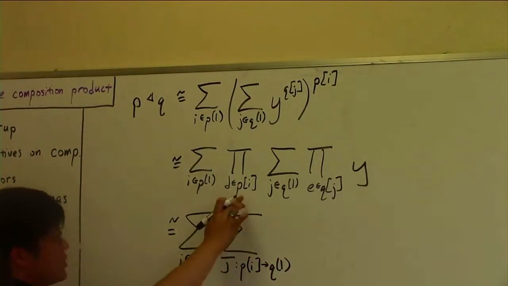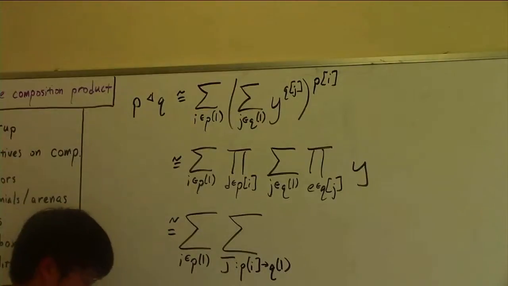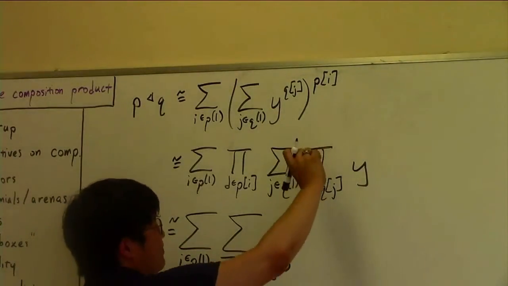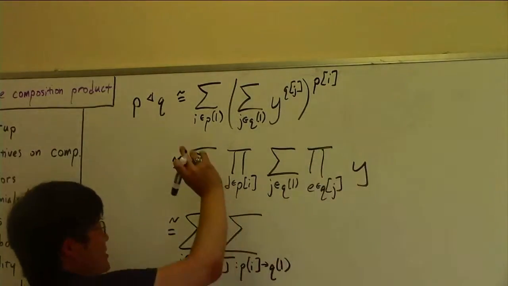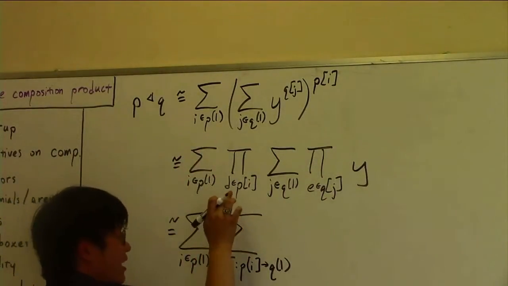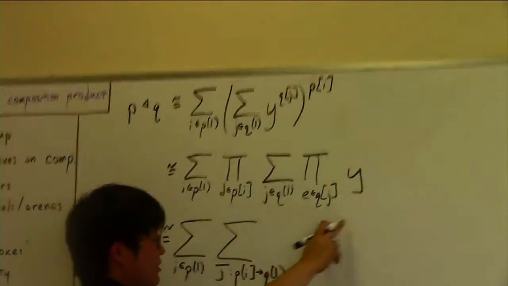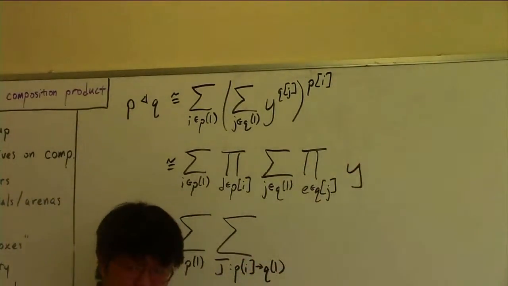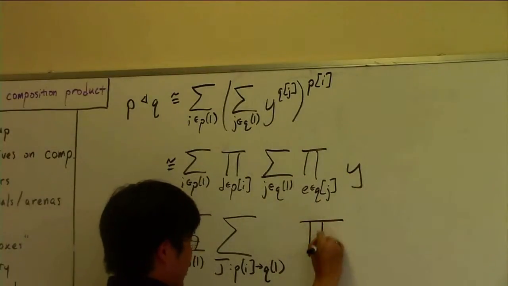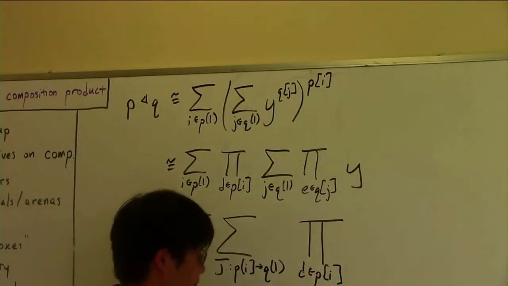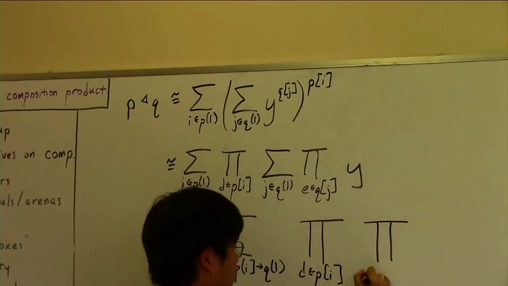So we pick a function from p bracket I to q of 1. Well, then what do we do? Well, we still need to keep doing this. So we still are going to need to pick for each element of p bracket I here, and for each element of q bracket j here, we're going to multiply a y. And so now we just have a double product here of that, and another product here.